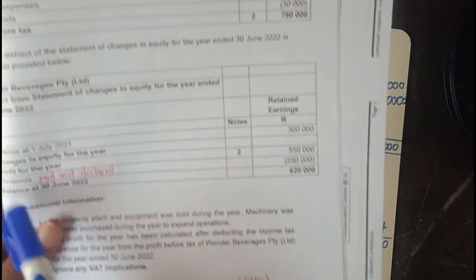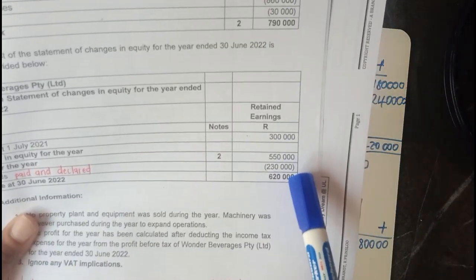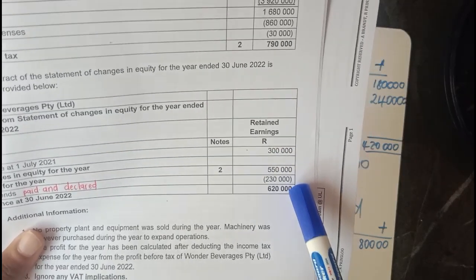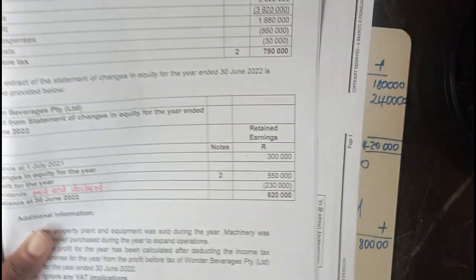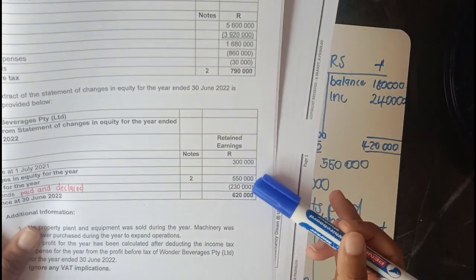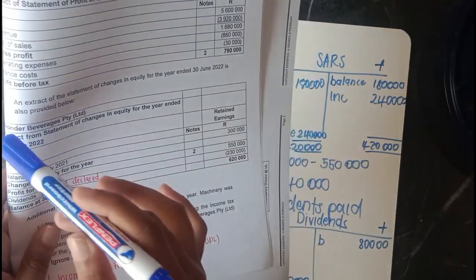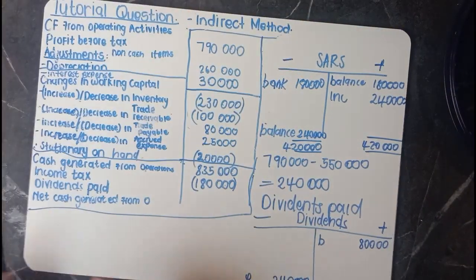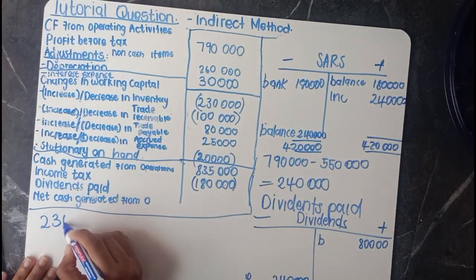So you see this dividends figure that they gave of 230, it is dividends paid and declared, not dividends paid only. So you have your interim plus your final dividend for 30 June 2022 included in the 230,000.